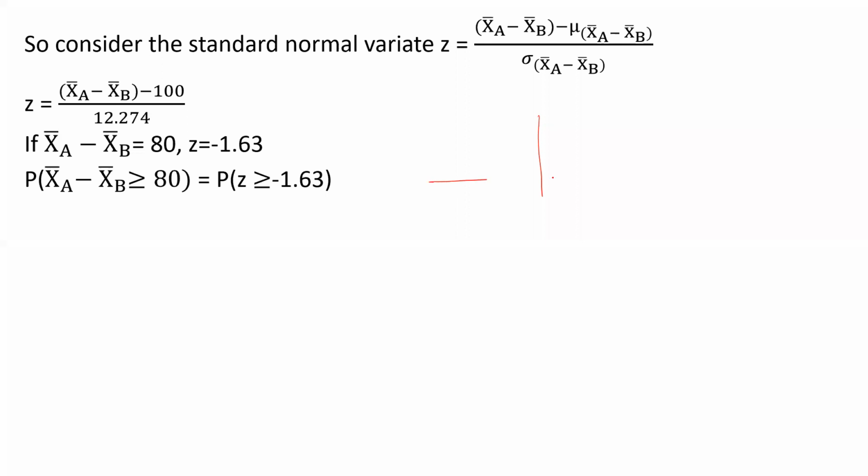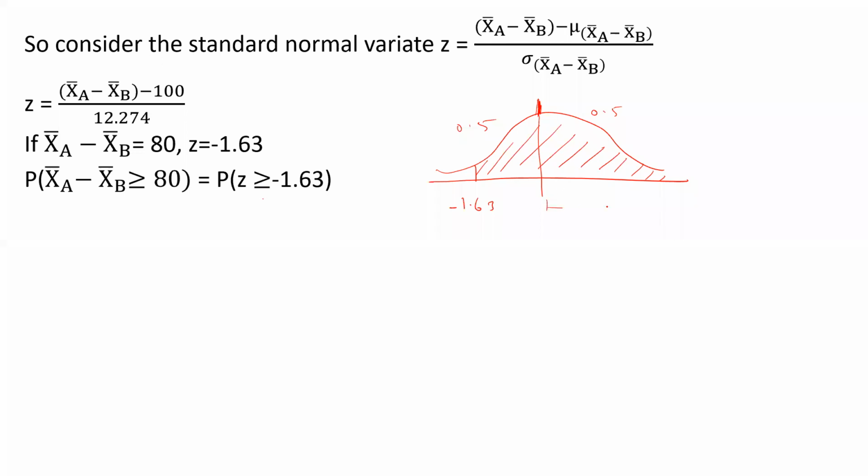So what area are they asking us? Let us check. So minus 1.63 will be here. So greater than or equal to means this complete area you have to find. Because it's a normal distribution curve, you know that the area under the curve is 1. So left hand side is 50%, this side is 50%. So you want to find this complete area, it is greater than here.